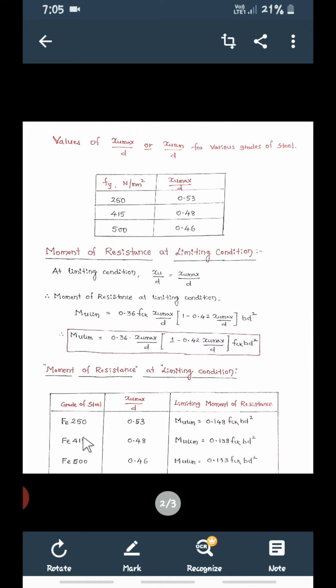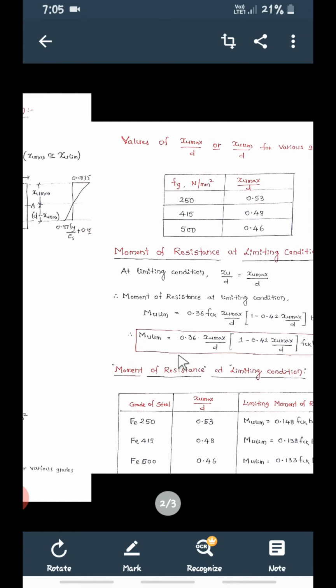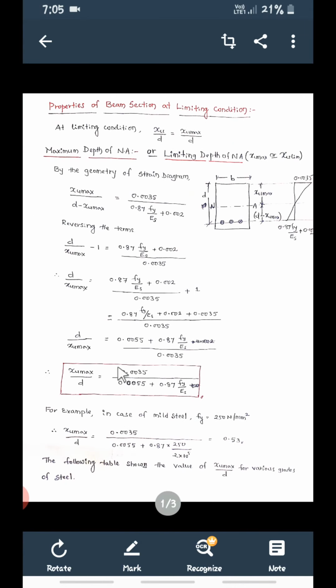So for three grades you can use these three equations to calculate MU limit, and for the three grades you can remember this table: 0.53, 0.48, 0.46. How did we get these values? We got these values by substituting here.